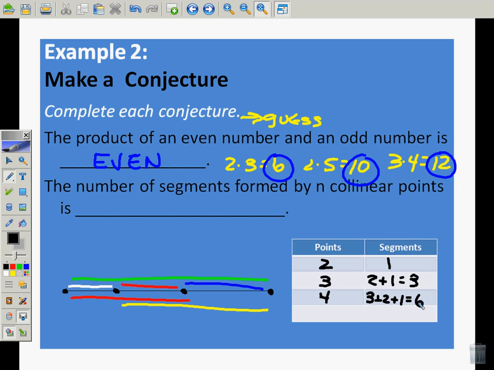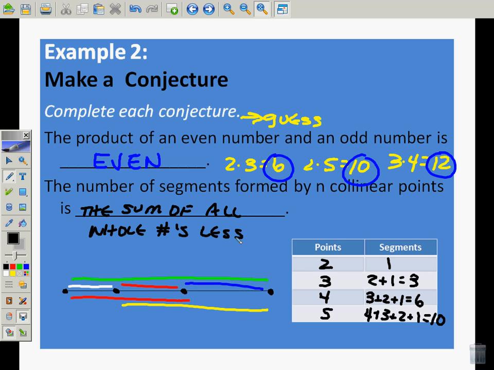If I have 4, I have 3 plus 2 plus 1. So my guess is that if I have 5, I'm going to have 4 plus 3 plus 2 plus 1 segments, which gives me 10. Okay? And so the number of segments formed by n collinear points is the sum of all whole numbers less than n.